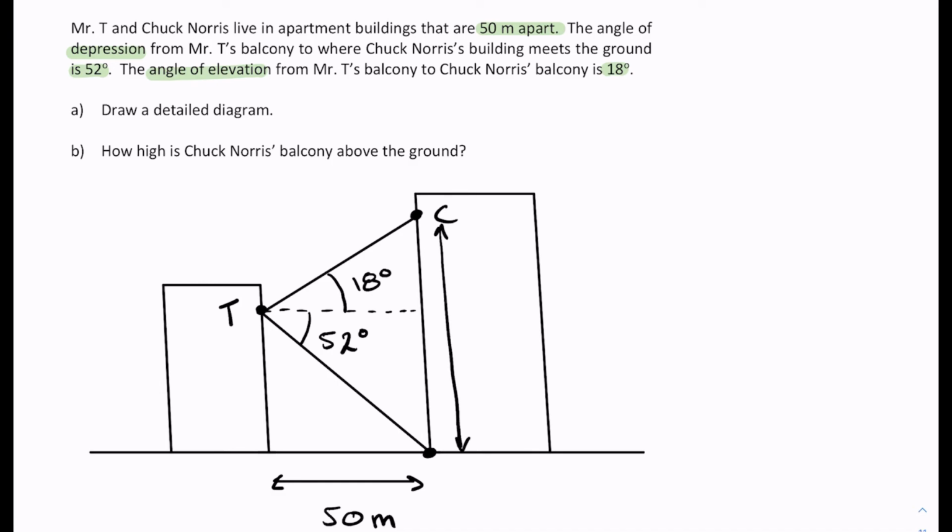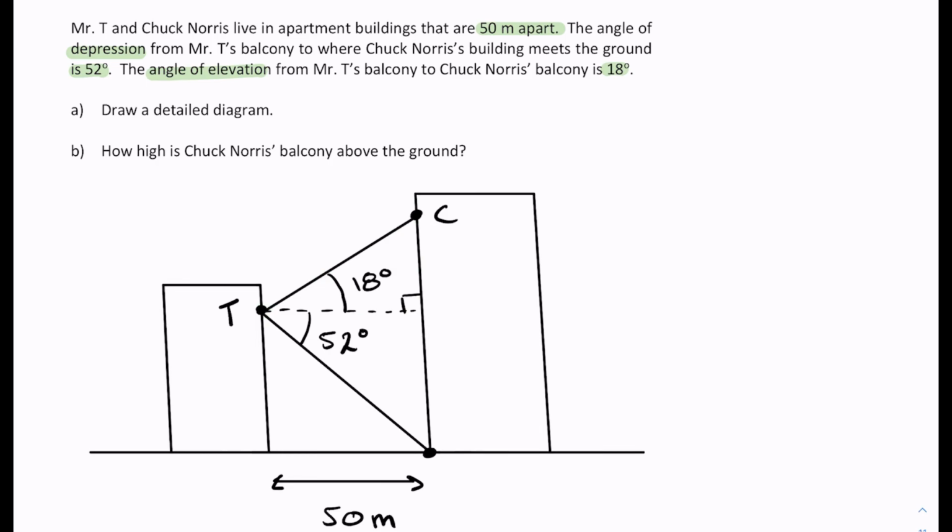I'm going to do this by pasting two pieces together, because I've noticed that this guy here is a right angle triangle, and this guy here is also a right angle triangle.